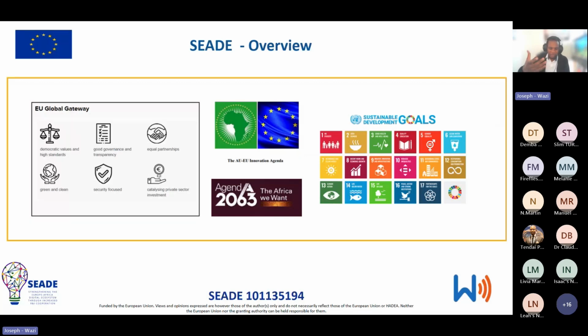So we have policy related to some of these issues. And then we also have innovations in different sectors, so green and clean energy, for example, and many others. Also a huge relationship to the Agenda 2063, Africa We Want, and then also something to do with the Sustainable Development Goals.